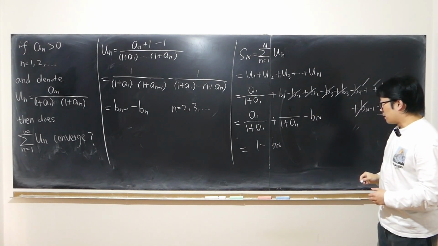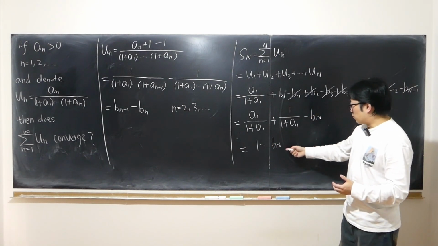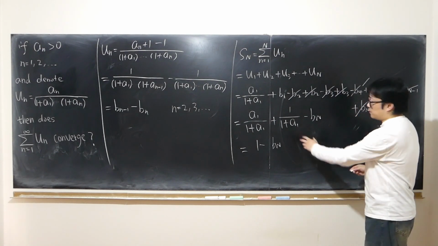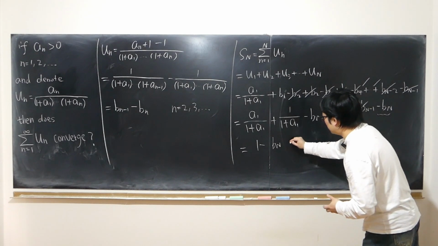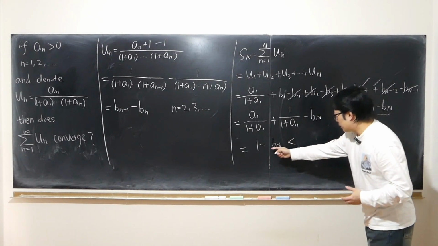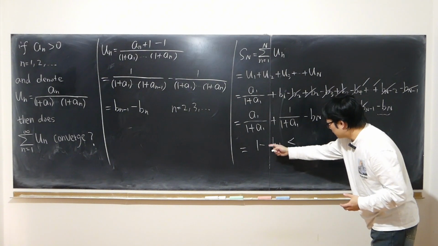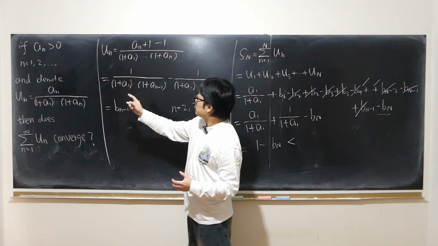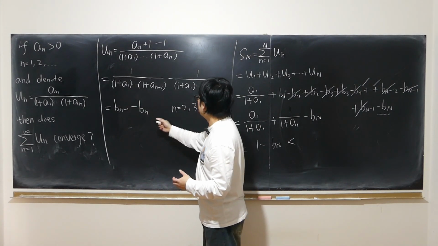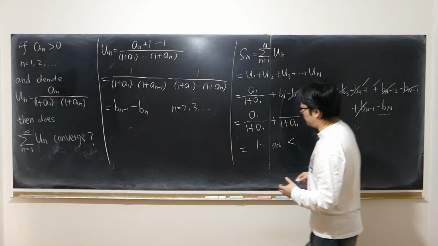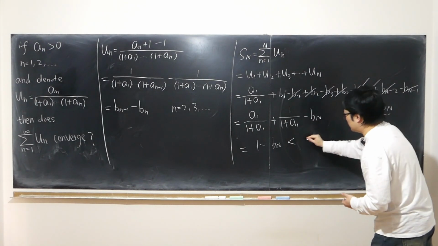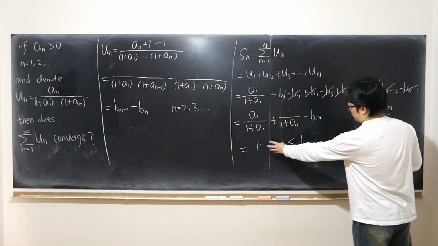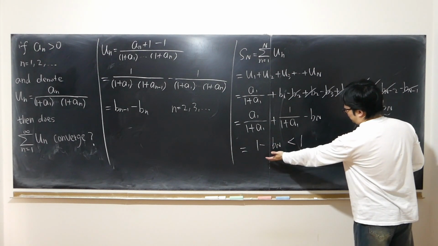We don't even have to bother working out b_N, which is complex, of course. This term doesn't matter. It won't play a major role here, because if I get rid of this negative b_N, remember every a_n is positive, and b_N is of course positive. So immediately I loosen the inequality. Imagine if you don't subtract this positive term, you become bigger.